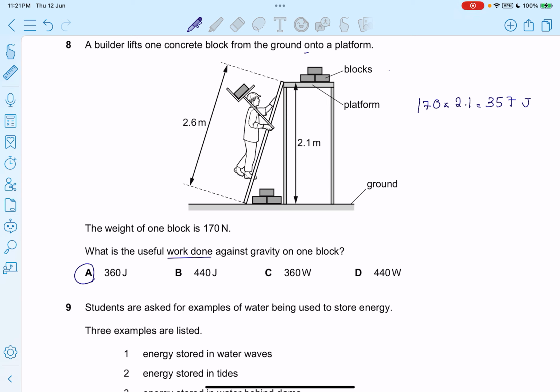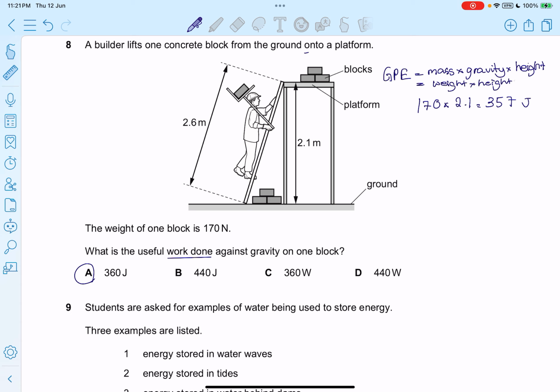So we know that gravitational potential energy is mass times gravity times height, or you can just say weight times height.